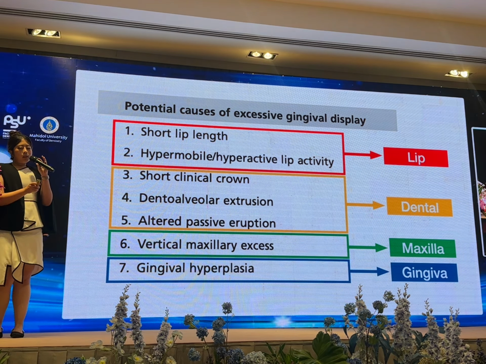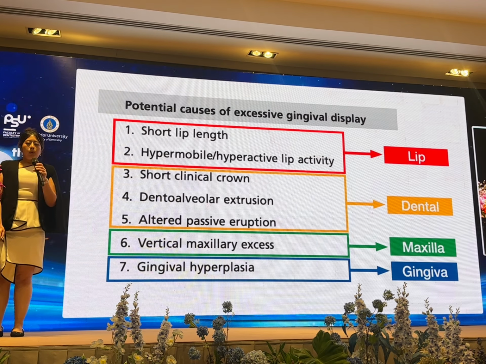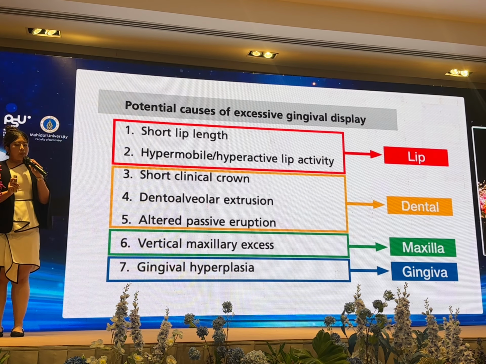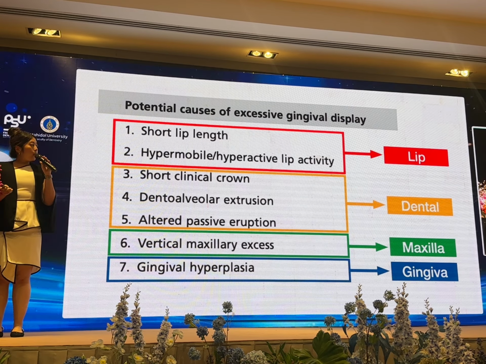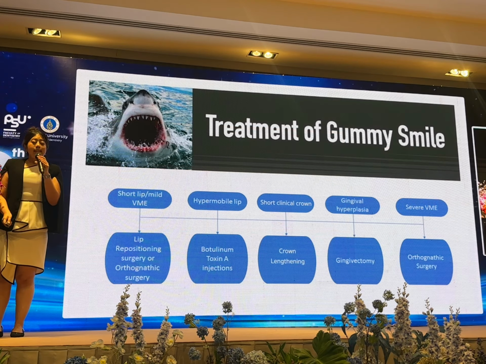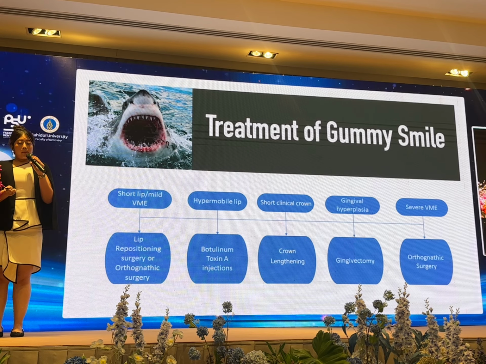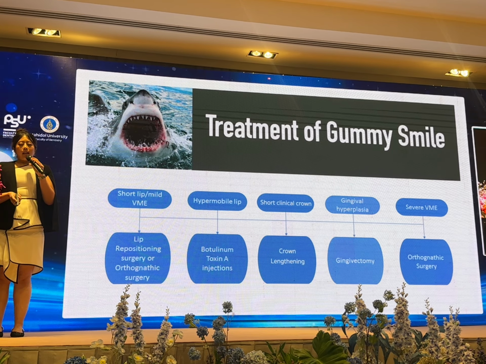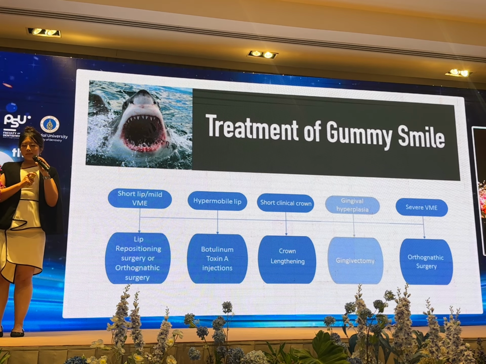So let's take a look at the potential causes of the excessive gingival display. We can group them into 4 main categories: lip, dental, skeletal, and gingival factors. In this case, the patient didn't have any gingival hyperplasia, and she had already undergone the orthognathic surgery.